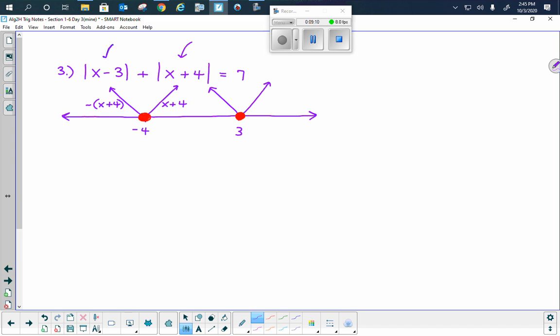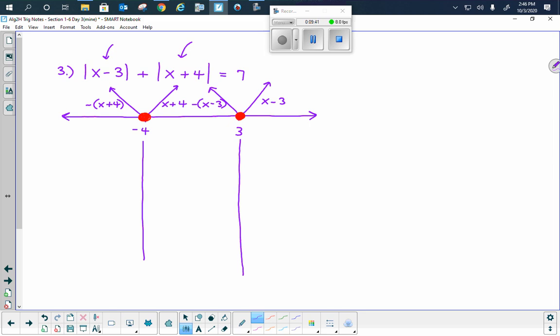When I'm looking at this one for the next V, y equals x minus 3 would be the positive slope, and y equals the opposite of x minus 3 would be the negative slope. And now what we have created, if you put your lines in here, is we have created 3 regions we need to worry about.